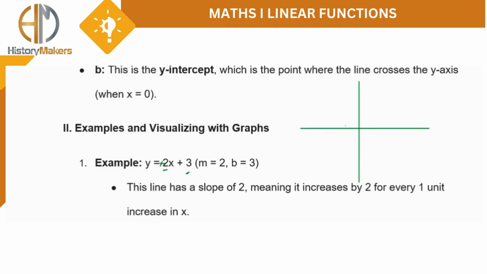So let's say that here is 1 and here it's 1.5. Here it's 2. Here is 3. Here is 1. Here is 2. Here is 3. So meaning 1.5 is going to be somewhere here.